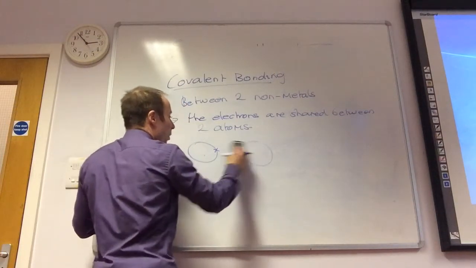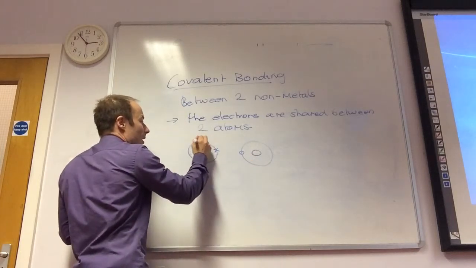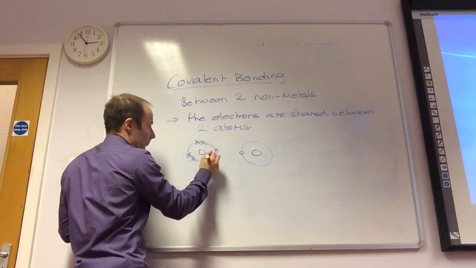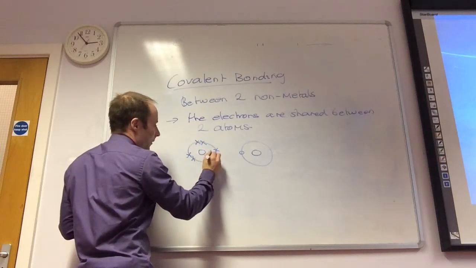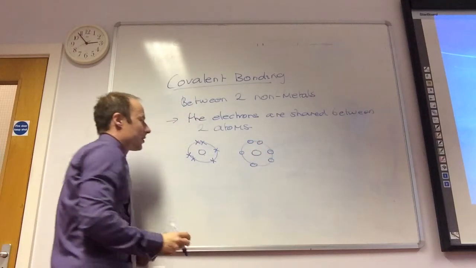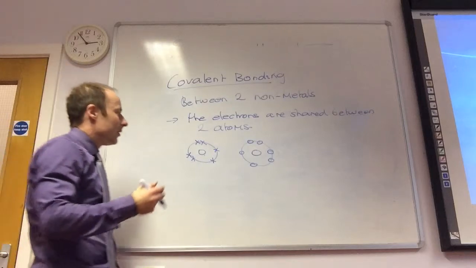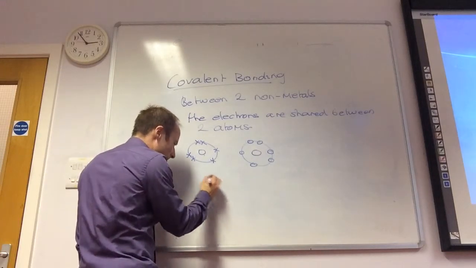You get slightly more complicated examples. So if we were to do oxygen, and again, I'll only do the outermost shell. Oxygen has 6 electrons: 1, 2, 3, 4, 5, 6. So they want to gain 2. So how would they do it?